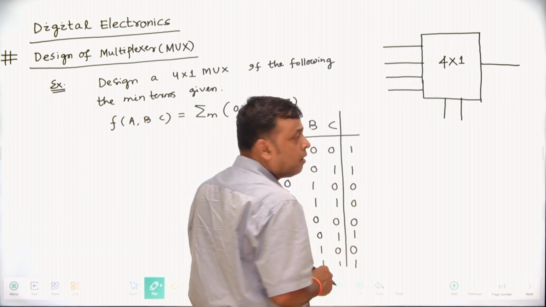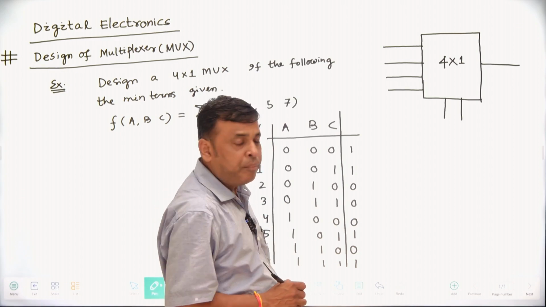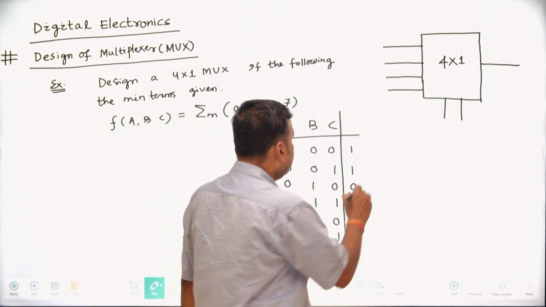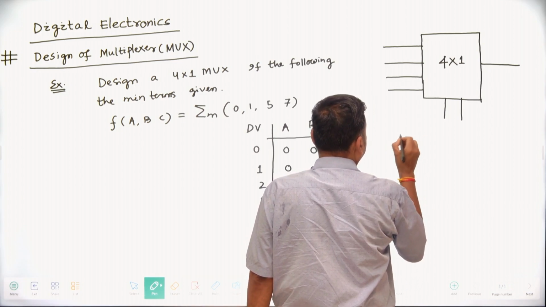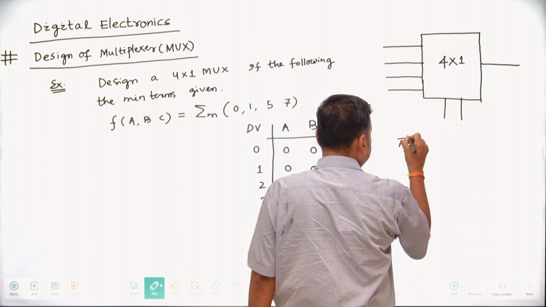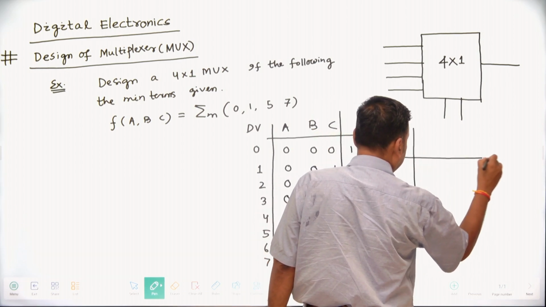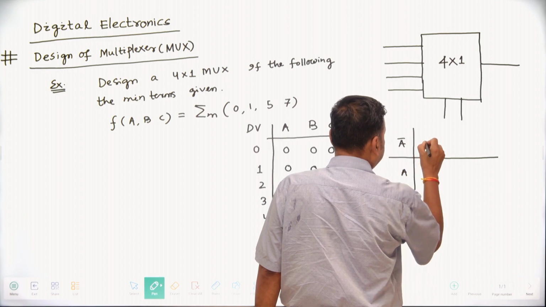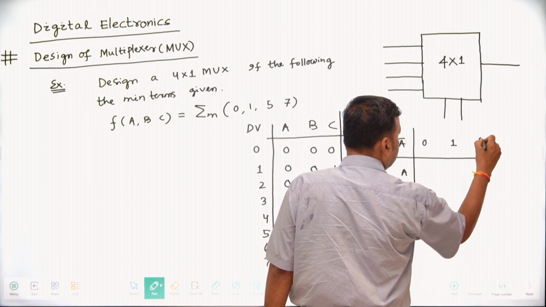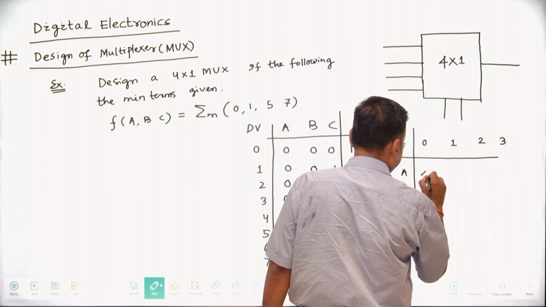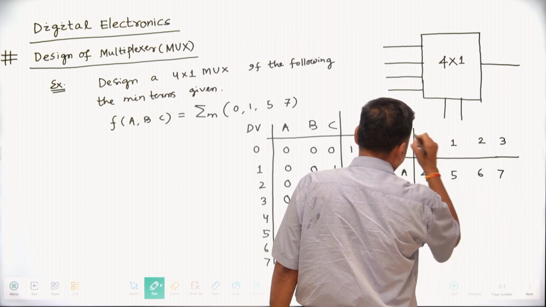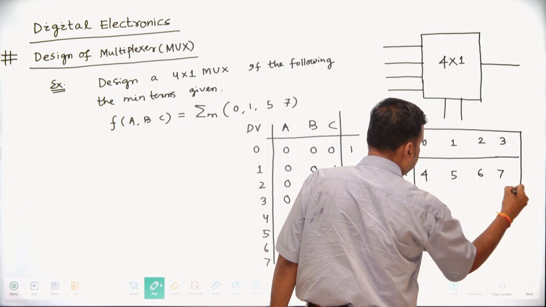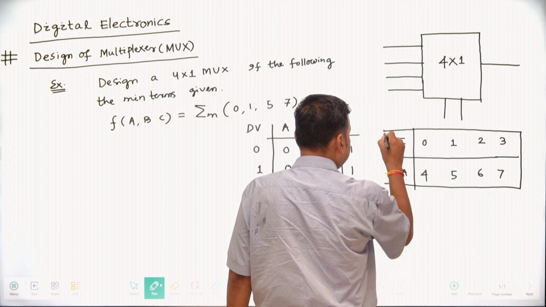Here the four minterms present are 0, 1, 5, 7, and this is a table with A bar and A, and 0, 1, 2, 3, up to 7. This is very important as far as the design of a multiplexer is concerned.